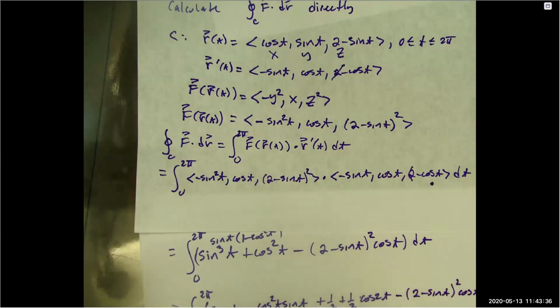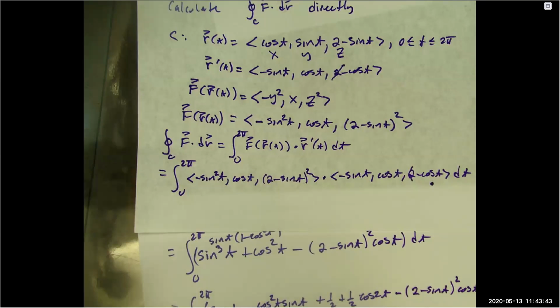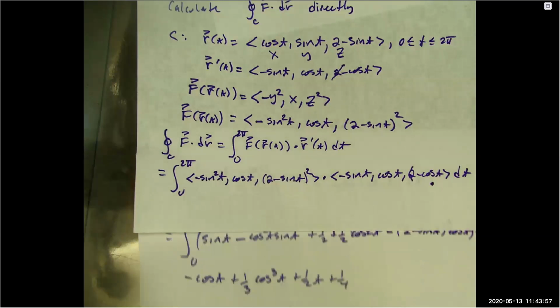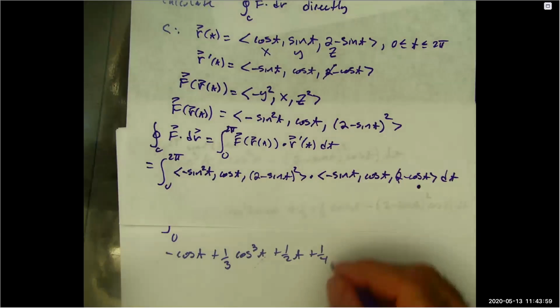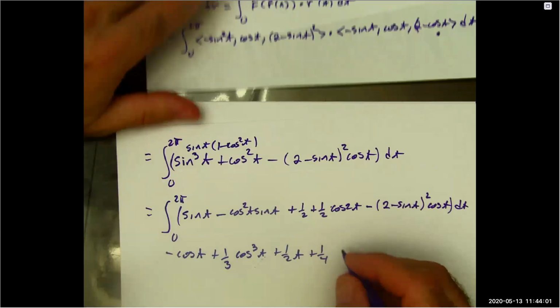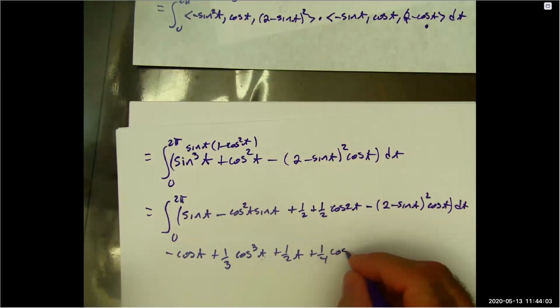So when I integrate this, I'm going to have minus cosine t, and then plus 1/3 cosine cubed of t, plus 1/2 t, plus 1/4 cosine 4t, cosine 2t.